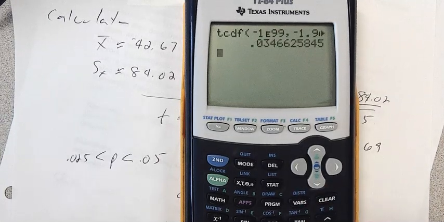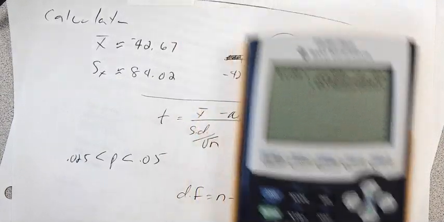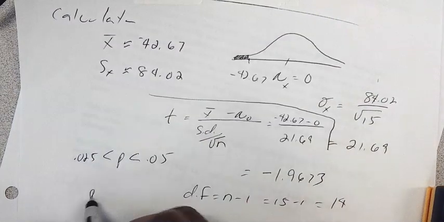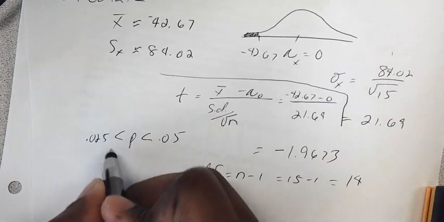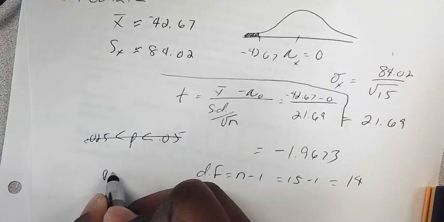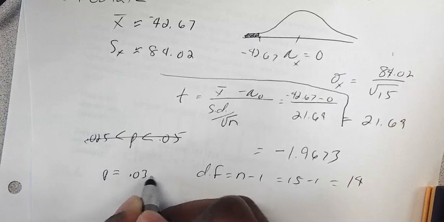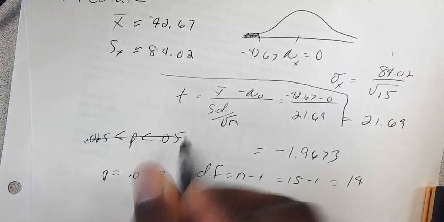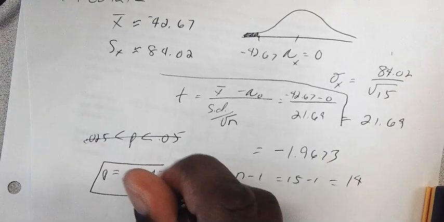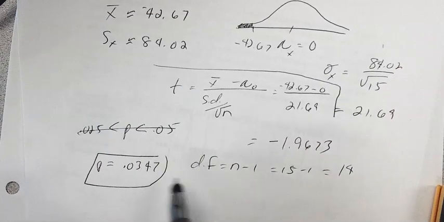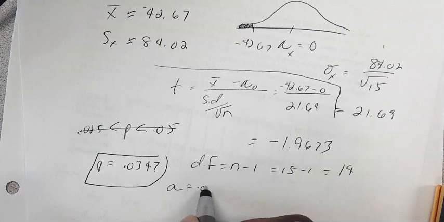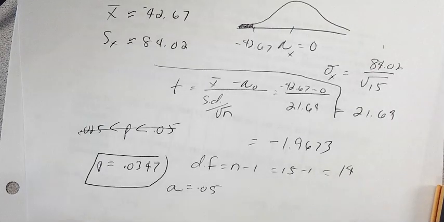Just to be more accurate, that's about a 3.4% chance of finding that t-value. So I'm going to be even more accurate. I'm going to say p equals 0.0347. So that value is definitely less than our significance level, which is 0.05. So for that reason, we can make our conclusion now.